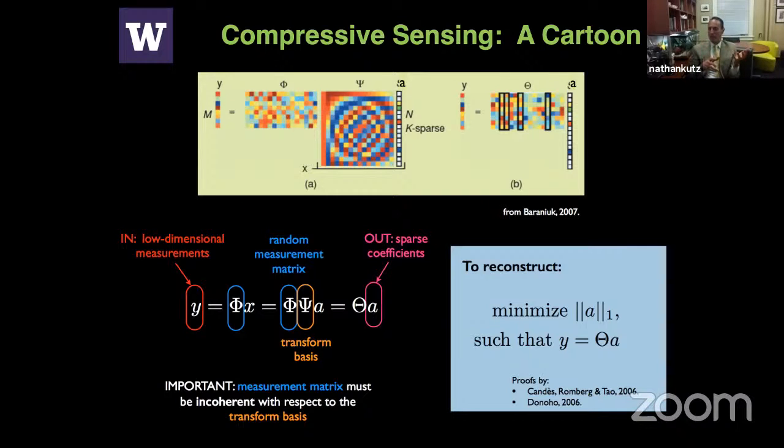You have some random measurements, a small number of them, with an underlying signal that is actually compressible. All you really need to do is learn the non-zero coefficients of that matrix, so in other words, you solve AX equal to B, promote sparsity. That's compressive sensing in a nutshell.